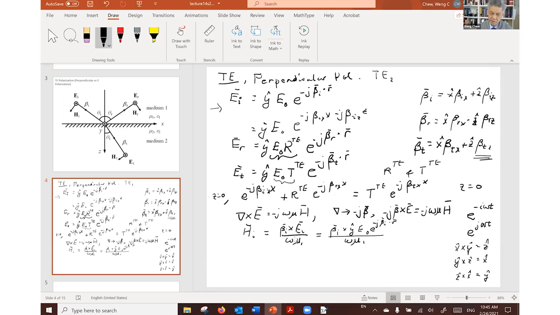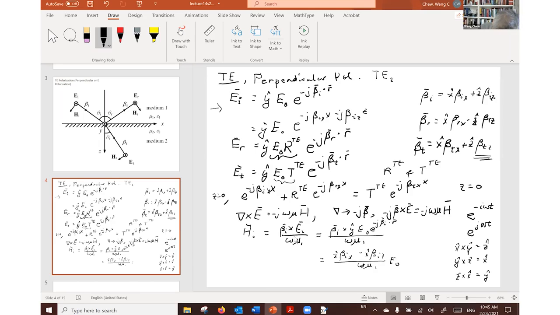You can use the distributive property of cross products and do it term by term, and then you will obtain that this is actually just equal to z hat beta ix minus x hat beta iz over omega mu 1. Let me write my omega mu 1 properly.